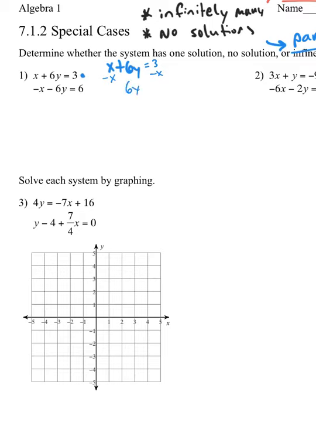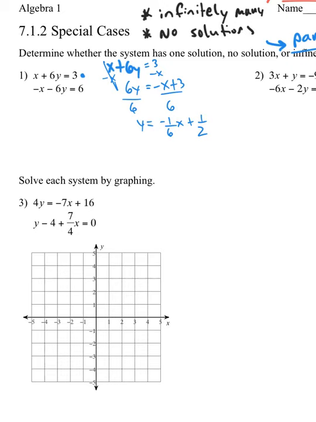That gives me 6y equals negative x plus 3. Divide by 6. y equals negative 1/6 x plus 3 over 6 is 1/2. Okay, so that's that first equation.